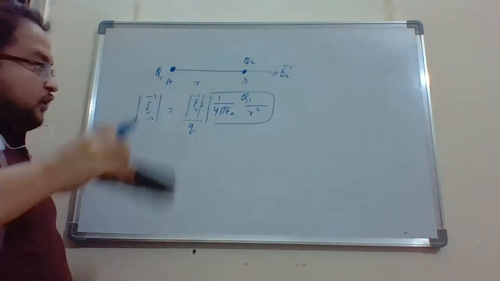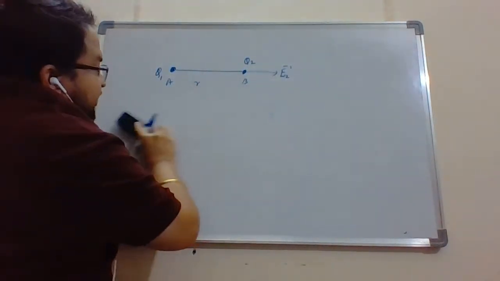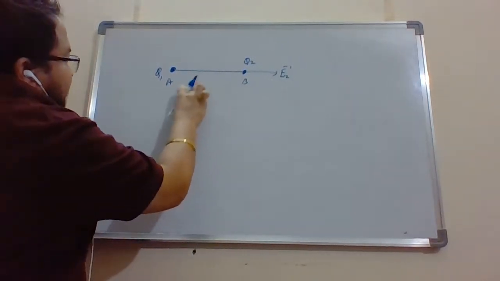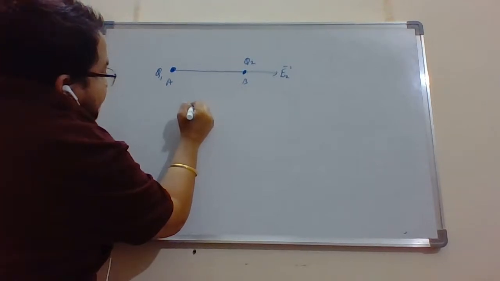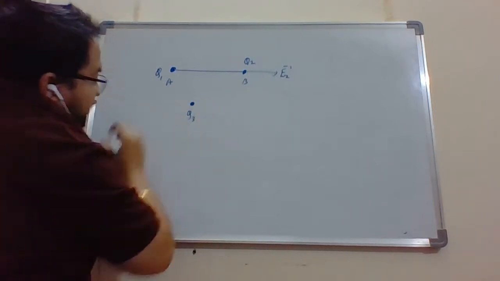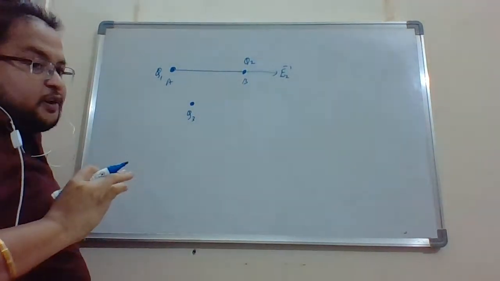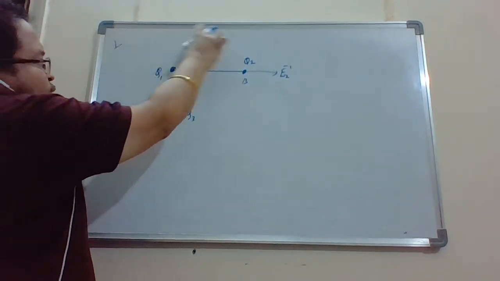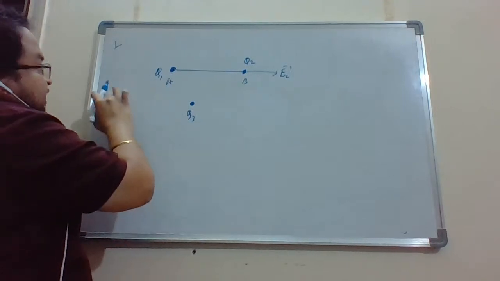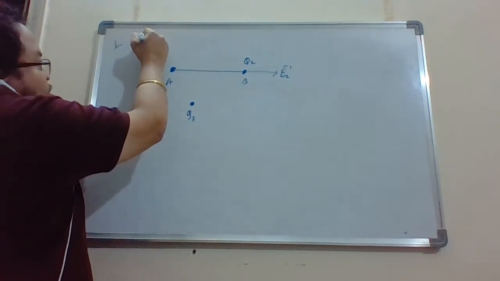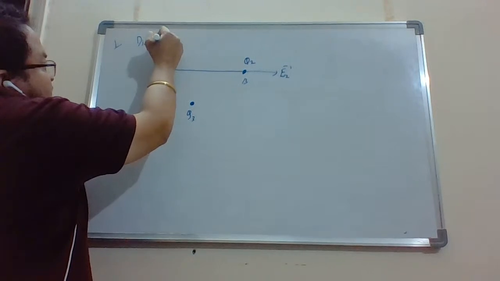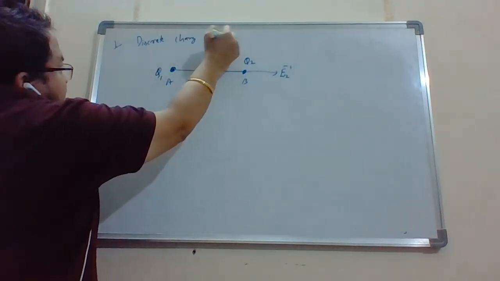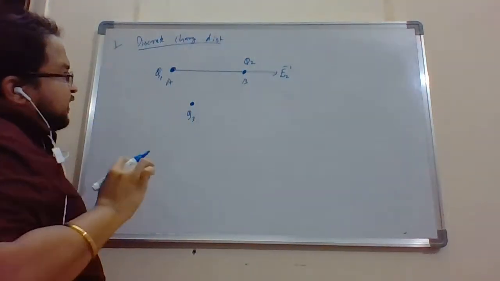Now the interesting thing is, assume that we bring another charged particle, suppose Q3 here. Now we are going step by step, students. First we studied electric field due to two point charges. Now we are studying something called discrete charge distribution, and this background is needed to understand continuous charge distribution.